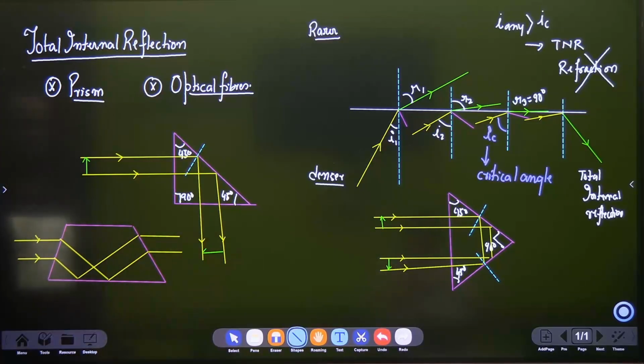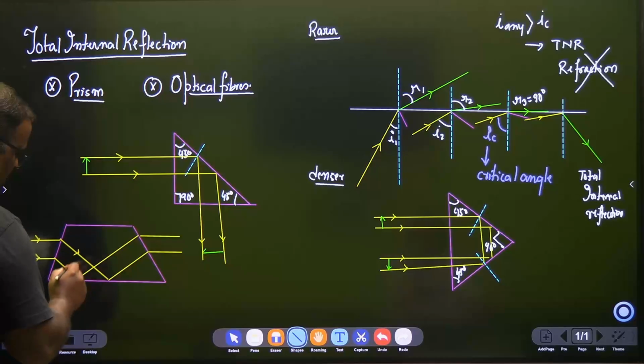My drawing might be a little bit upside down, but it happens at the same parallels.